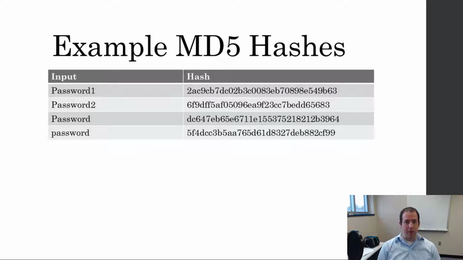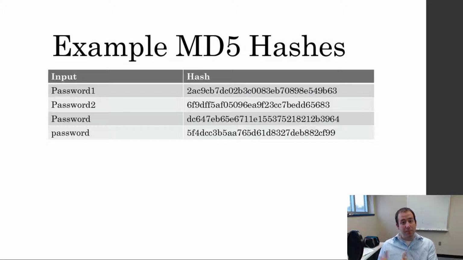Let's look at some example hashes. MD5 is a common hash. It's not cryptographically secure, but it's a good hash. And it's a very popular hash for doing certain types of things. So here you see on the left is a list of inputs. Password 1, password 2, password with all lowercase. And each of the hashes for those MD5 hashes is the same length and completely different from each other.